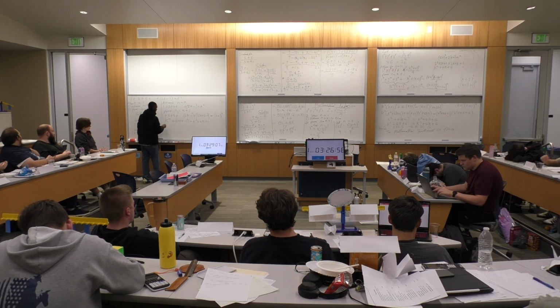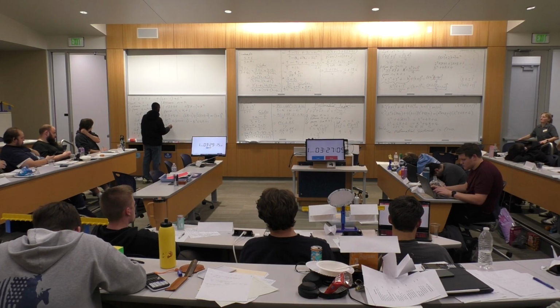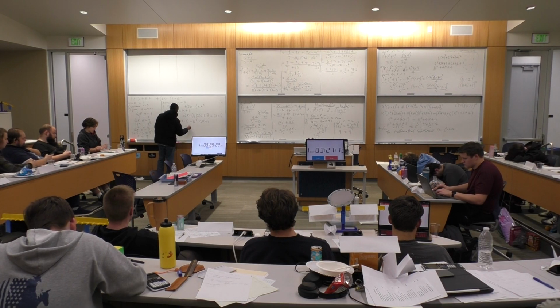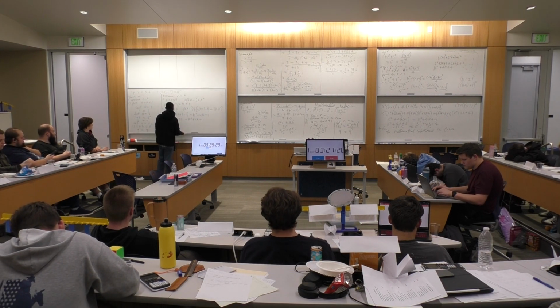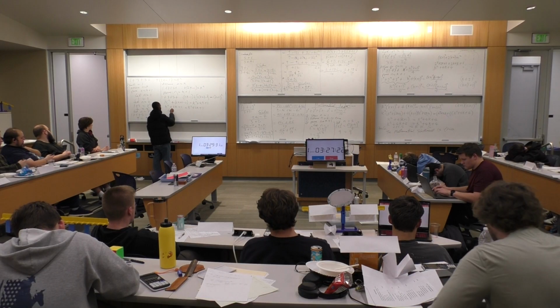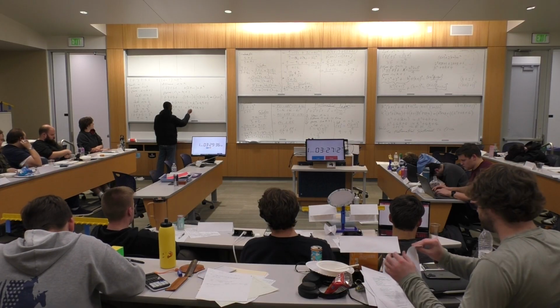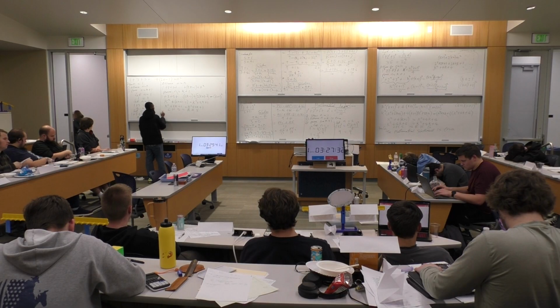Hence you have k squared plus 2k plus 1 equals k squared plus 2k plus 1. You can see that what we have in the left hand side is the same thing as what we have in the right hand side. Hence, the mathematical statement is true.